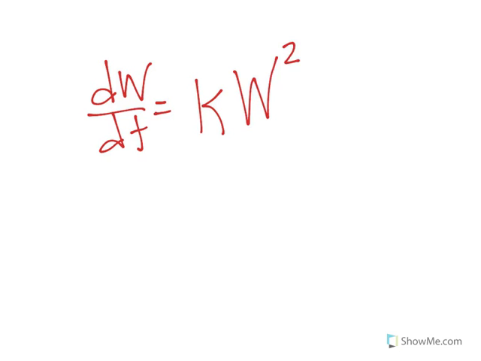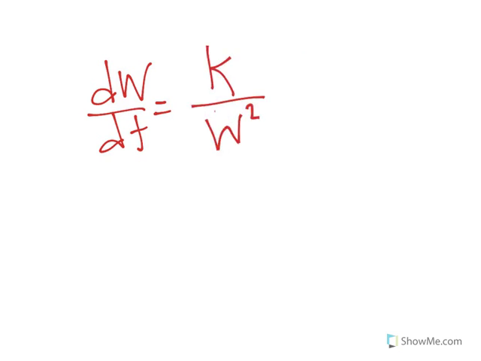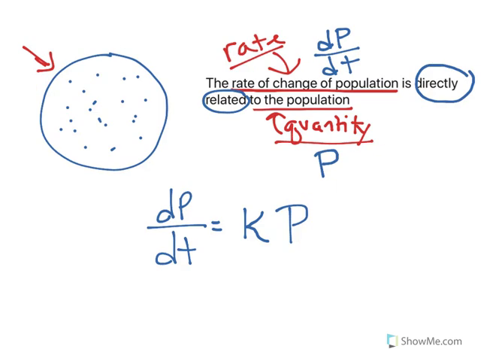It would look like that. Or maybe it's going to say it is inversely proportional to the square of the water. So directly or inversely determines where the W is, if it's on the top or the bottom. And then other features along there, but we're not going to deal with those right now. We're going to go back to only for today our directly proportional problems. So let's go back to this one right here.